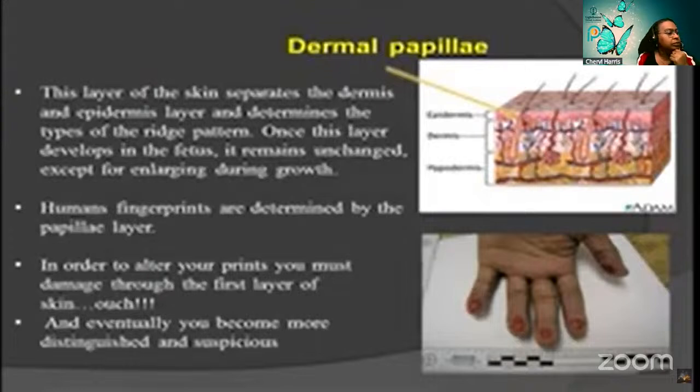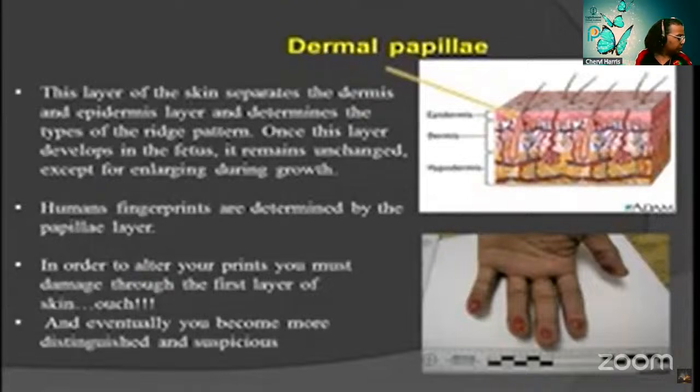But as far as dermal papillae is concerned, there is a layer which comes between the dermis and hypodermis, and once it gets altered or damaged, it can change the angle of that particular fingerprint.